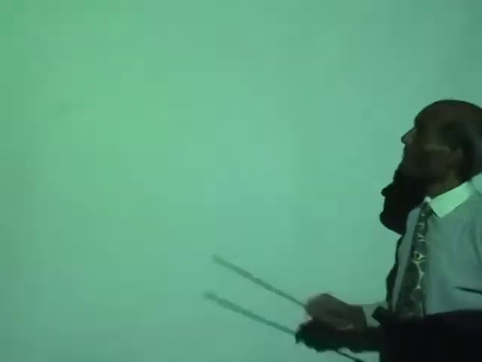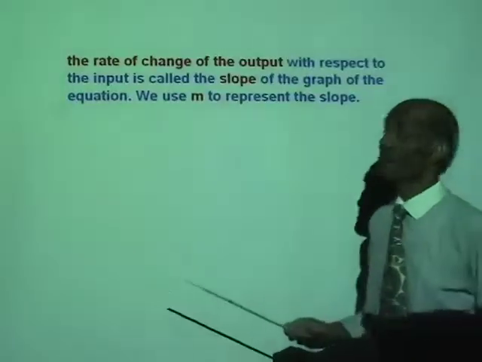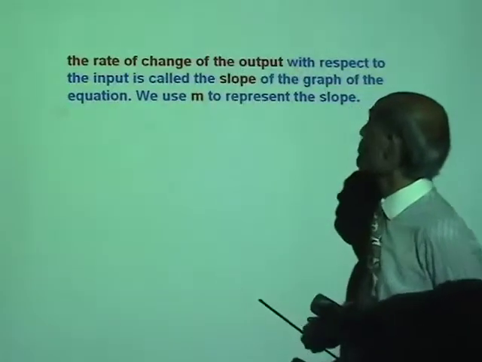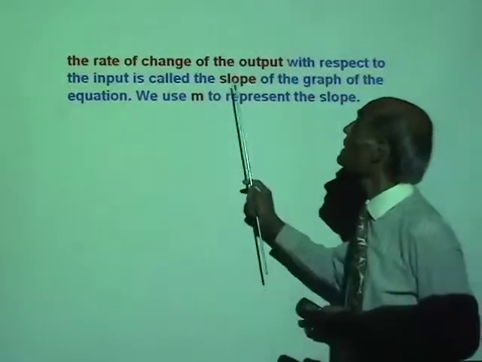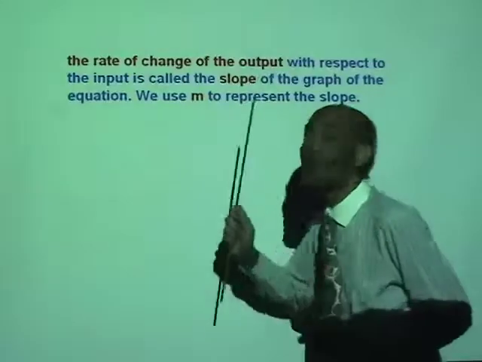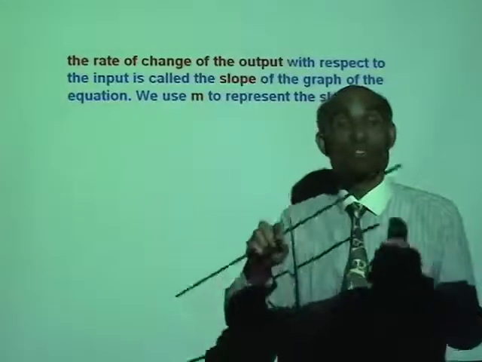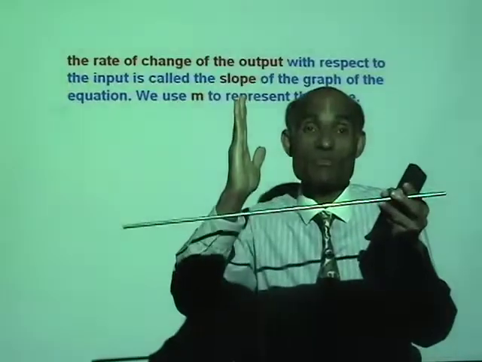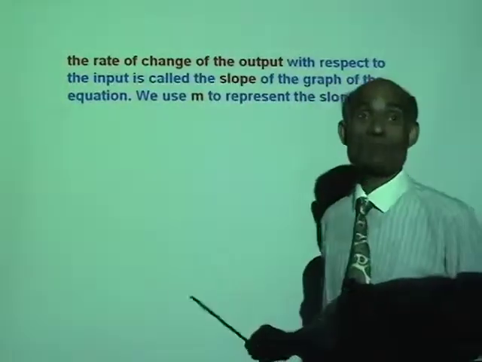Okay, let's put it all together. The rate of change of the output with respect to the input is called the slope of the graph. So the slope tells you how much is the rate of change. That is a measure of the slope.